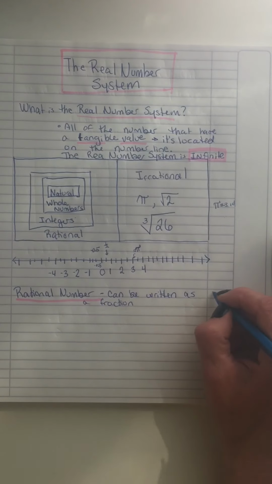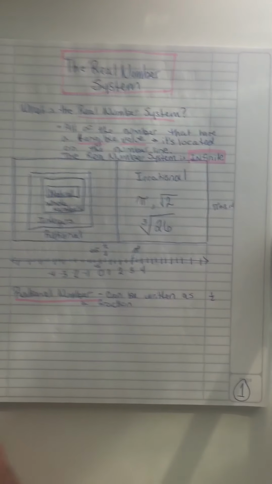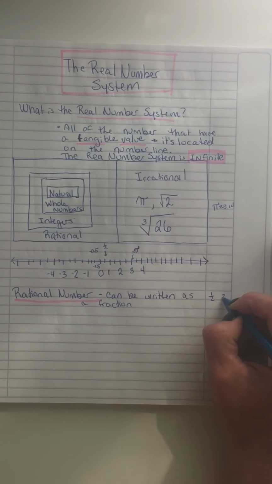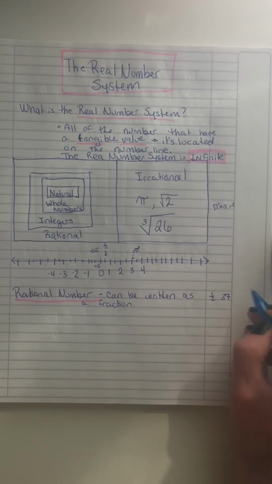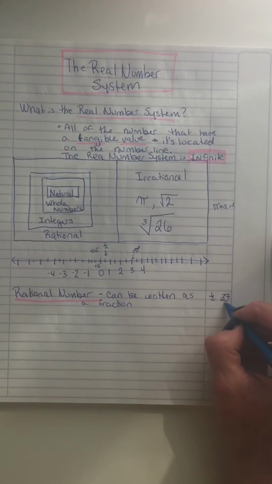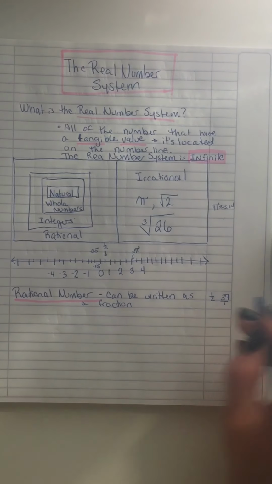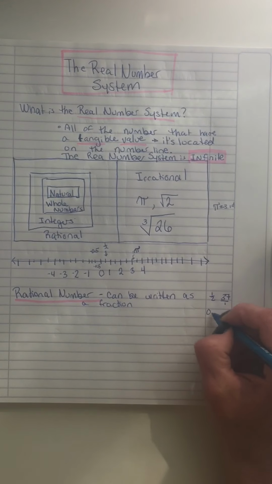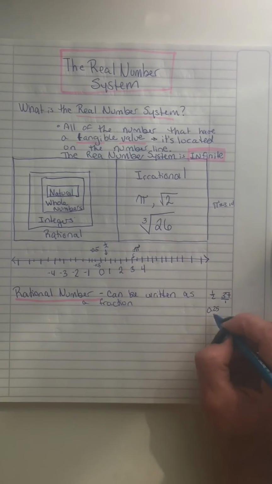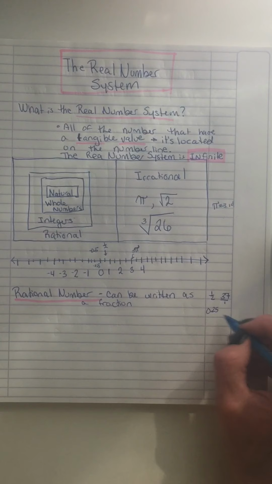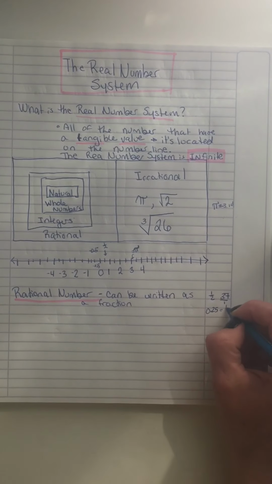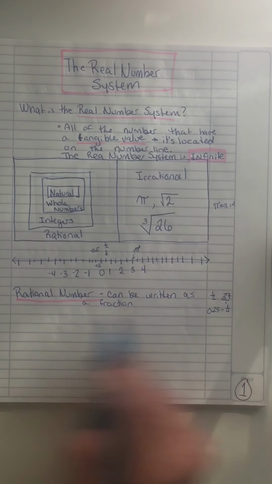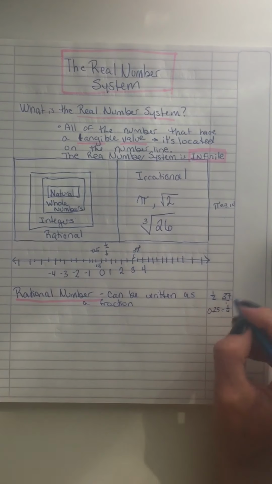So for example, 1/2, rational number. 37, it doesn't look like it's a fraction, but I could just do that. Now it's a fraction. I put it over 1. 0.25, if I can convert that into a fraction, it would become 1/4. Okay? So all rational numbers can be written as a fraction.